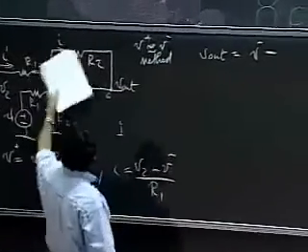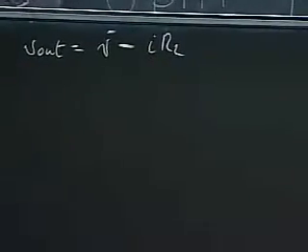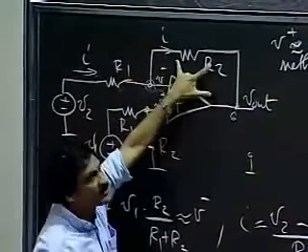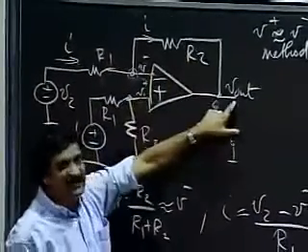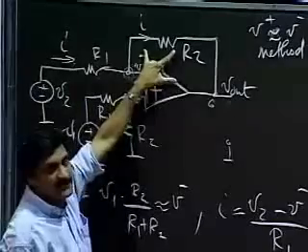The drop across that resistor is simply IR2. It's good old KVL from the first lecture: a voltage minus the drop across the resistor is equal to V out. So it's simply V minus minus IR2.